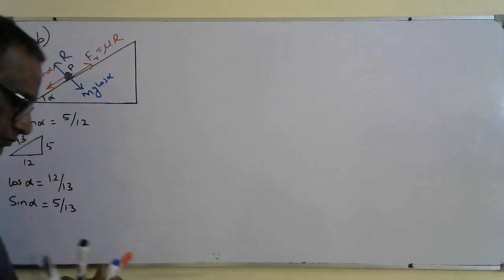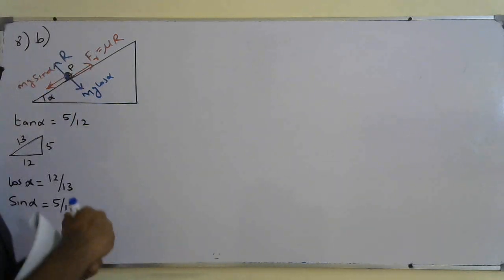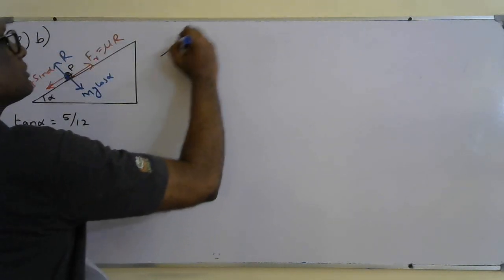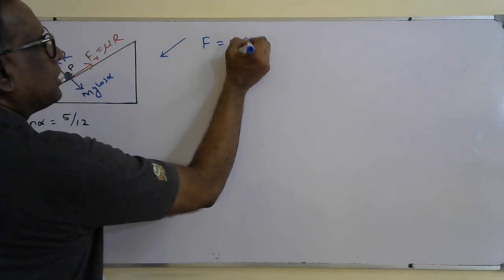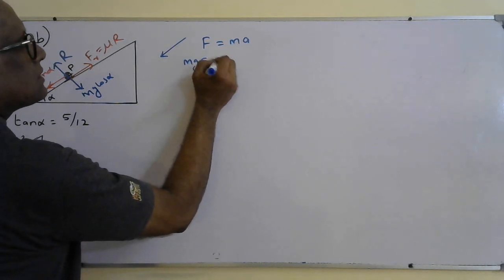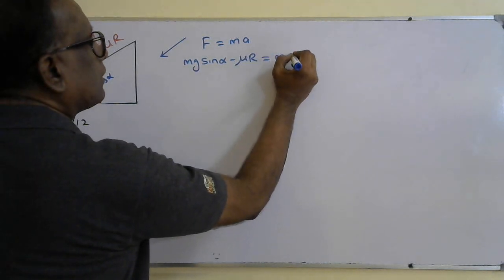So along the plane down, F equal ma, I am going to use. The resultant force is mg sin alpha minus mu R equal ma.